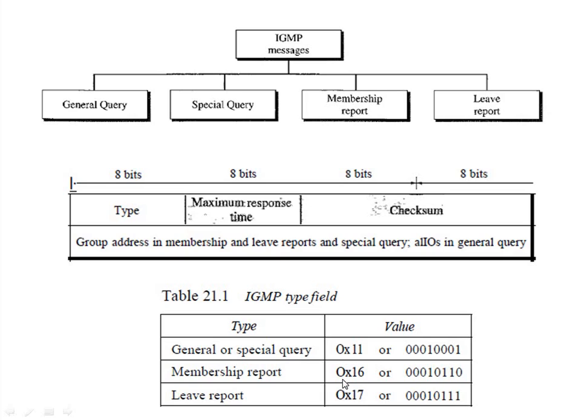If it is 0x16, then it is a membership report, and when it has the value 0x17, it is a leave report. Now let us understand what we mean by a query, a membership report, or a leave report.